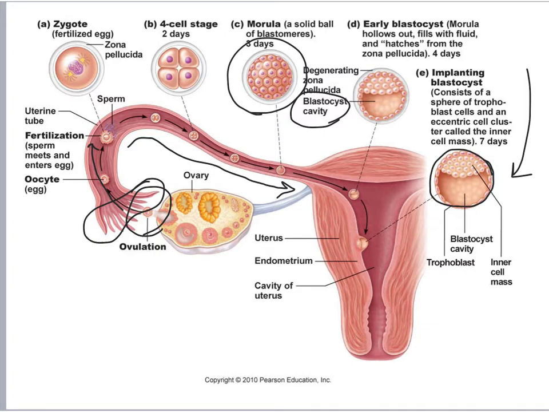And you can also see, not only do we have this space in here called the blastocele or the blastocyst cavity, we also have the beginning of that developing embryo, what's going to be eventually the fetus and the infant. It's called the inner cell mass. So right here, only a week after fertilization, we now have a real delineation. We have the outer part, which is called the trophoblast. We've got this inner cell mass, and we have this fluid-filled space called the blastocyst cavity or the blastocele.